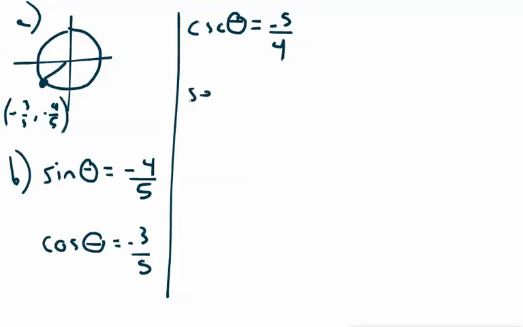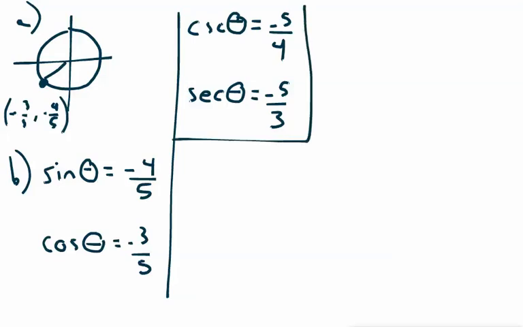Secant is the reciprocal of cosine, so it'll be -5/3. Those will be by far the easiest that we have to deal with. Not that tangent and cotangent will be all that difficult, just a little bit more work.